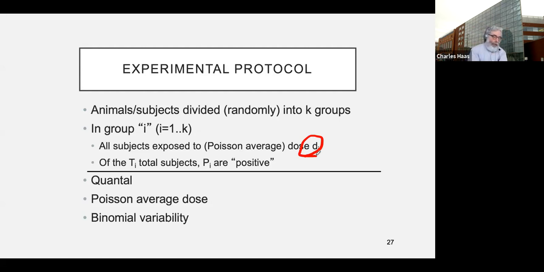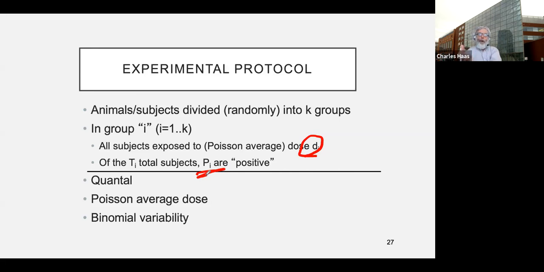Of the total number of subjects in a group, a certain number are positive by whatever criteria we want to use, whether it's fever or illness or antibody testing or what have you. So this experiment is quantal, meaning that I'm counting the total number of subjects and total number of positives in integers.